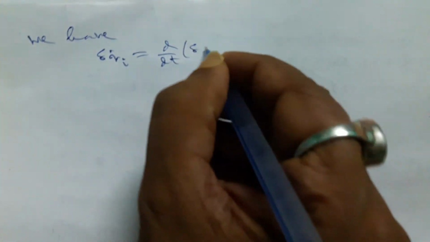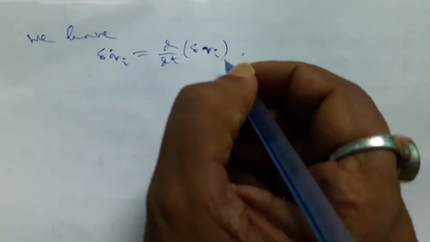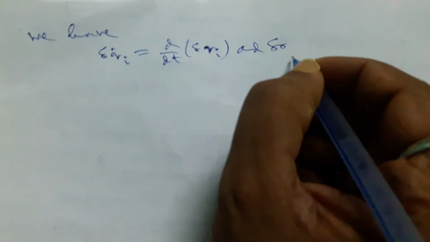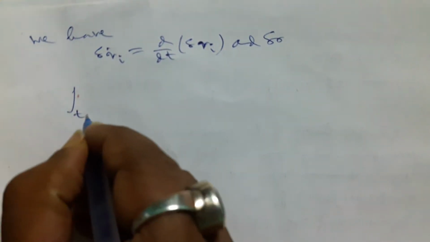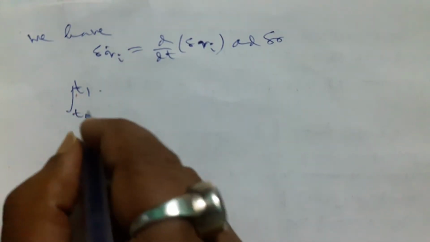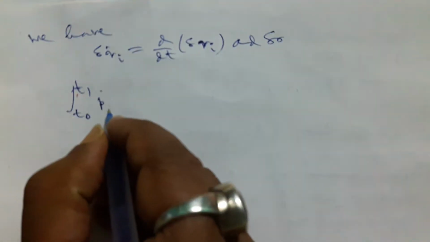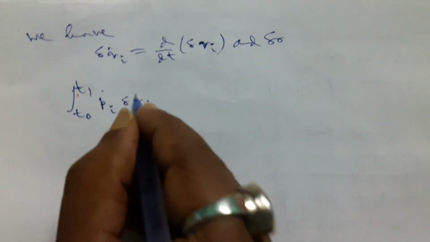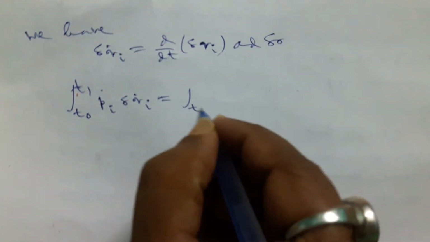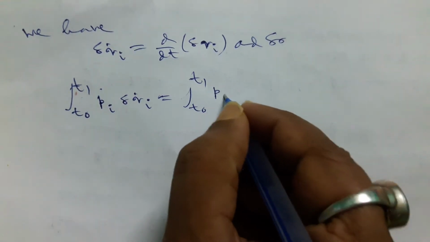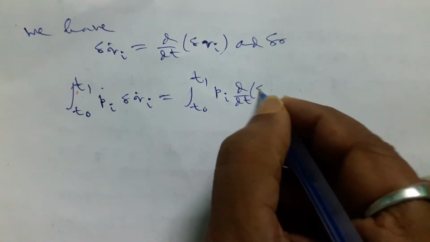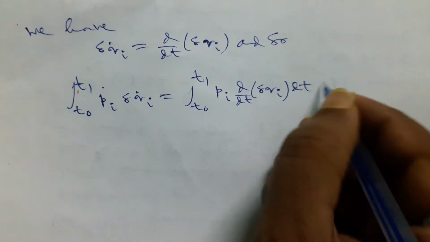Now we have del qi dot, that will be d/dt of del qi, it's clear, and so the integral t0 to t1 of pi del qi dot, that will be the integral t0 to t1 of pi d/dt of del qi dt.